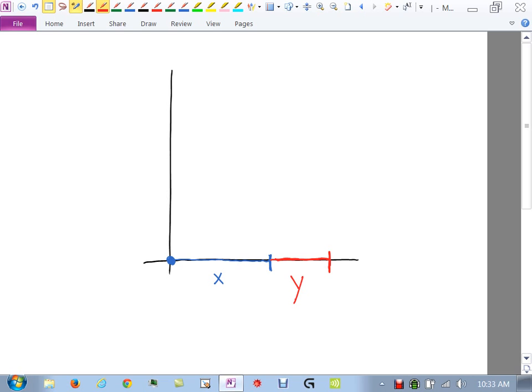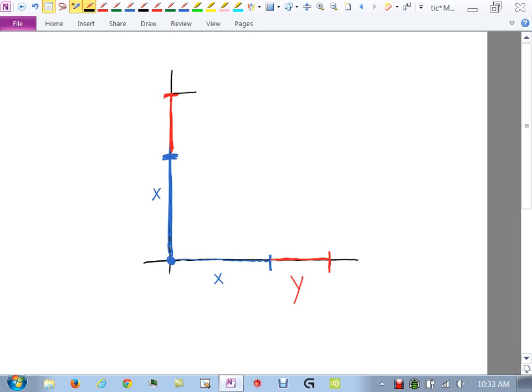So this is x, and this is y. Then I'm going to reproduce the exact same picture straight up and down. So I measure out x, maybe somewhere around here. And then y, I put on top of it.